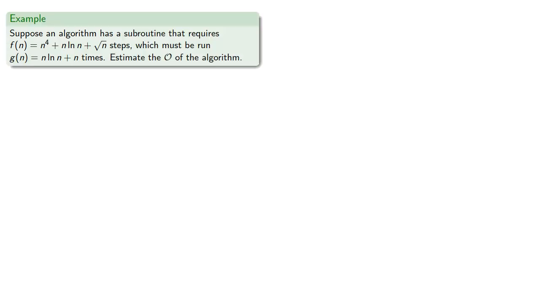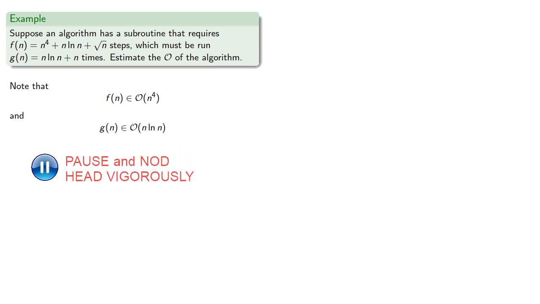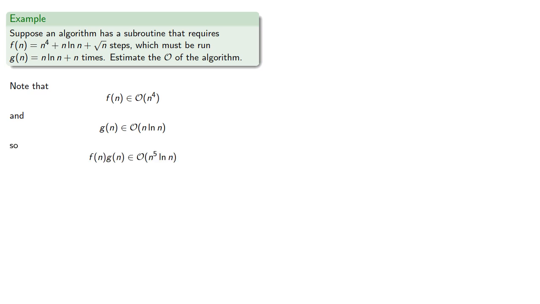So suppose an algorithm has a subroutine that requires this many steps that must be run this many times. Let's estimate big O of the algorithm. So we note that f(n) is big O of n to the fourth, and g(n) is big O of n log n. So their product is big O of n to the fifth log n.